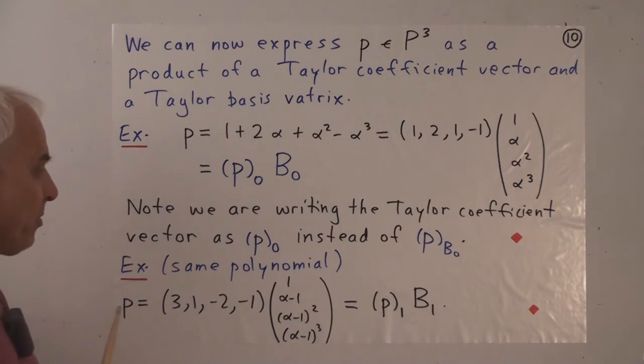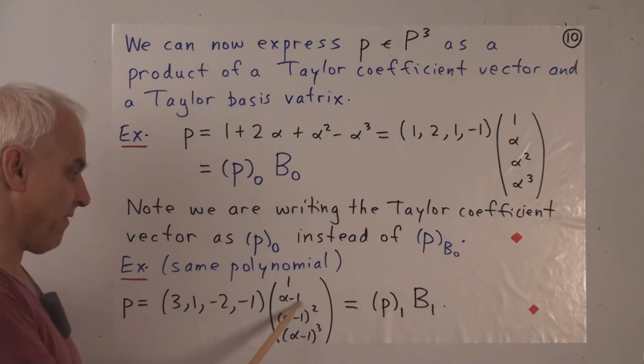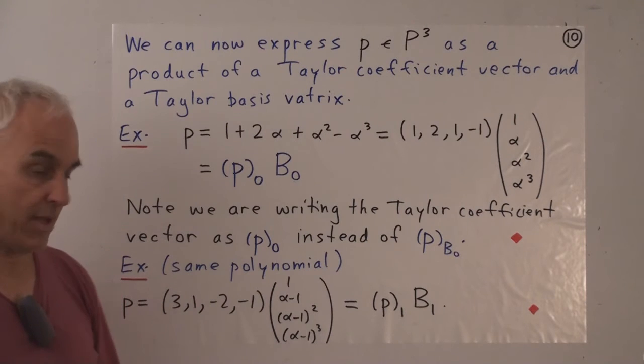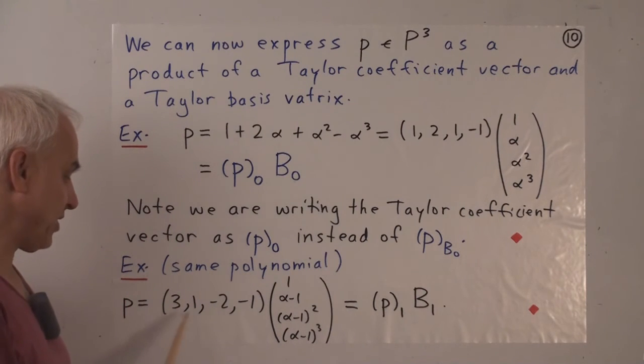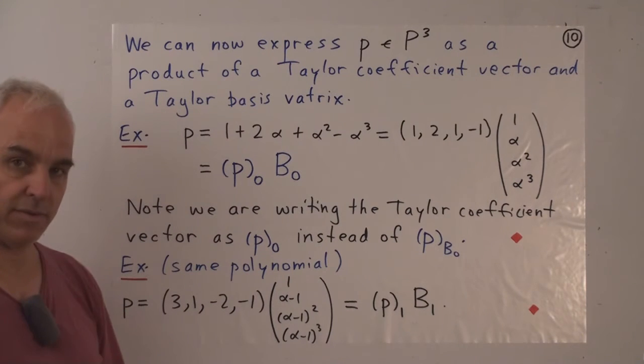Okay, the same polynomial can be expressed using other Taylor bases. For example, if we're interested in expressing it as a linear combination of 1, alpha minus 1, alpha minus 1 squared, and alpha minus 1 cubed, then in our previous lecture we saw that the coefficients were 3, 1, minus 2, and minus 1.